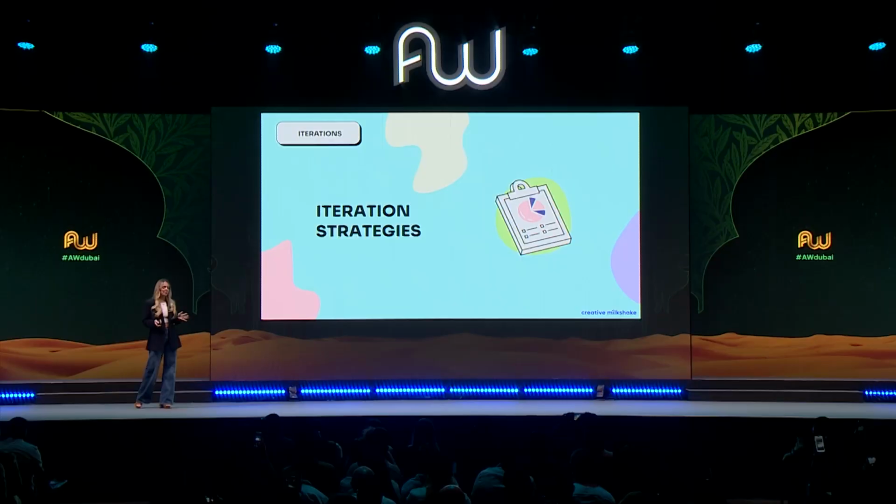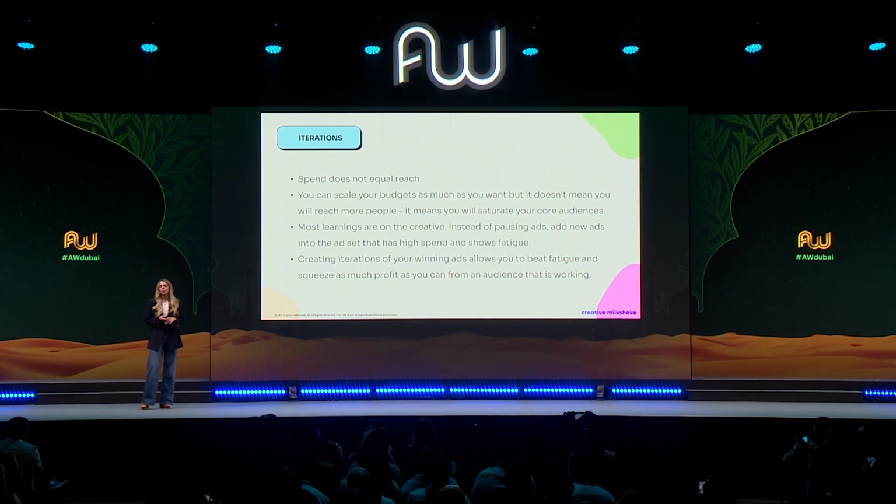Then, let's talk about iteration strategies. So, spend does not equal reach. If you're a media buyer, you absolutely know that. You can scale your budgets as much as you want, but it does not mean you're going to reach more people. It means you're going to saturate your core audiences. And most learnings live on the actual creative.